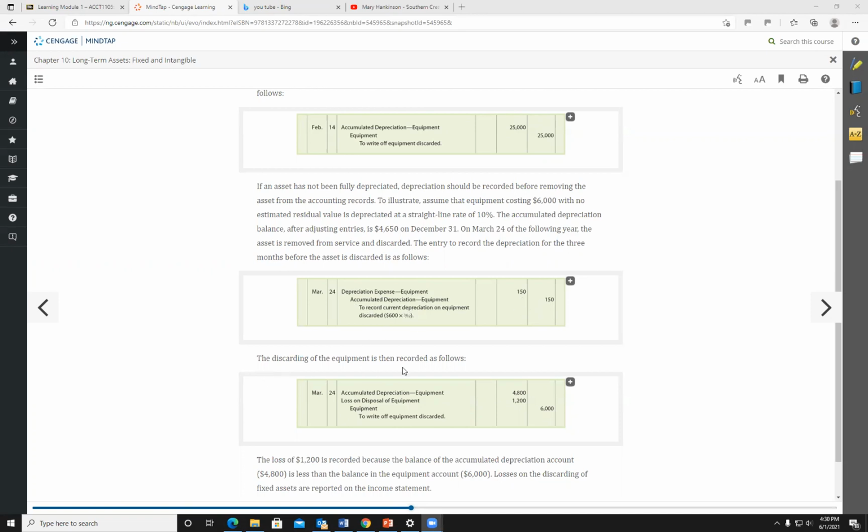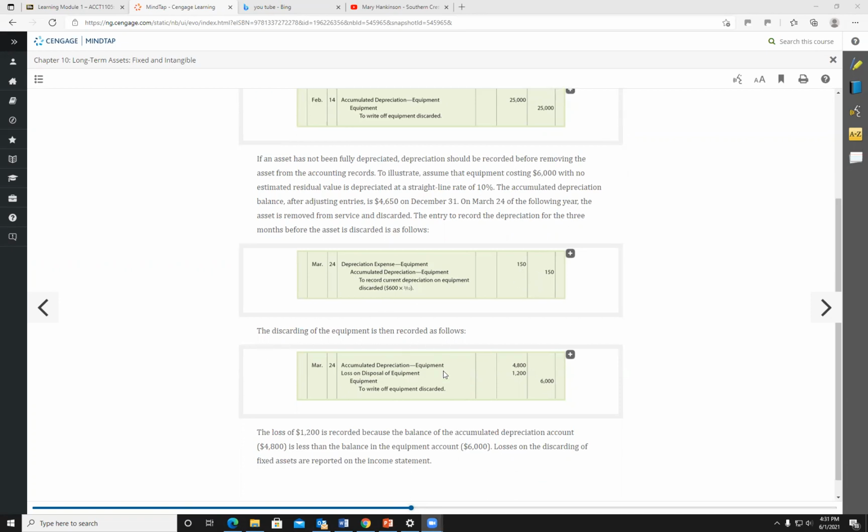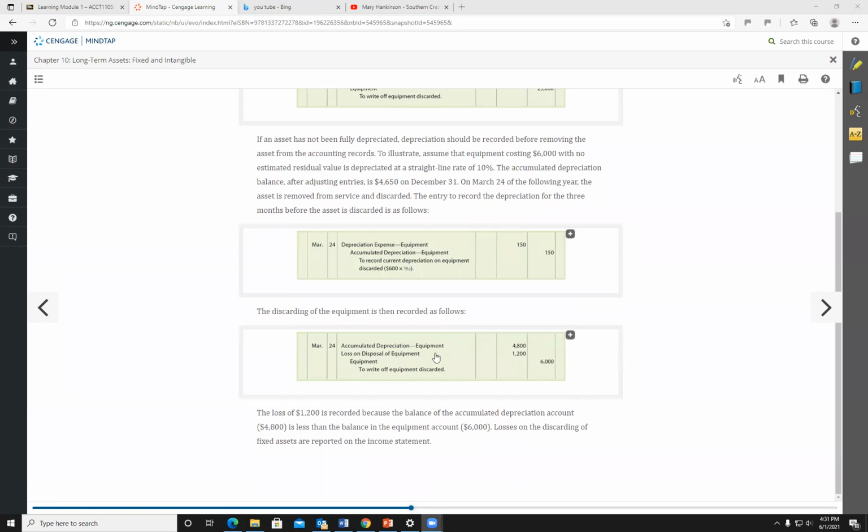Now, the discarding of the equipment will then be recorded as follows. The accumulated depreciation of $4,800, so that would be the $4,650 plus the $150. So you're going to go ahead and zero out that account with a debit of $4,800.